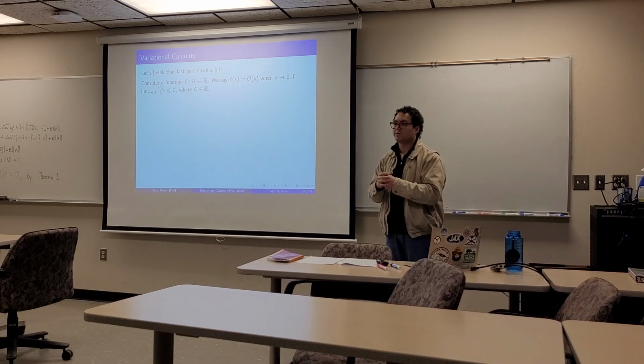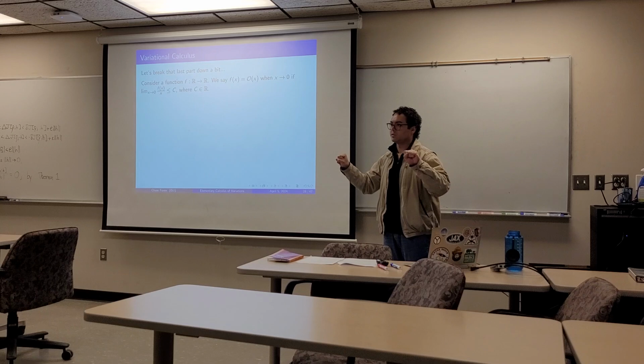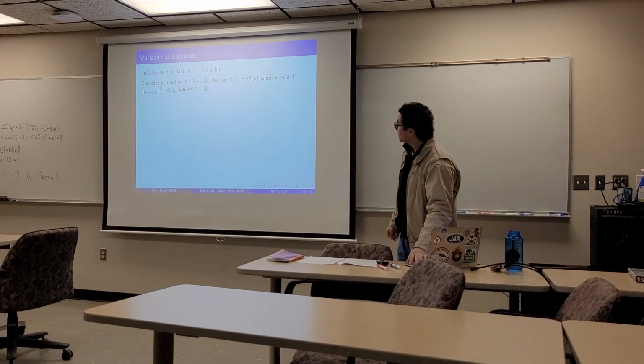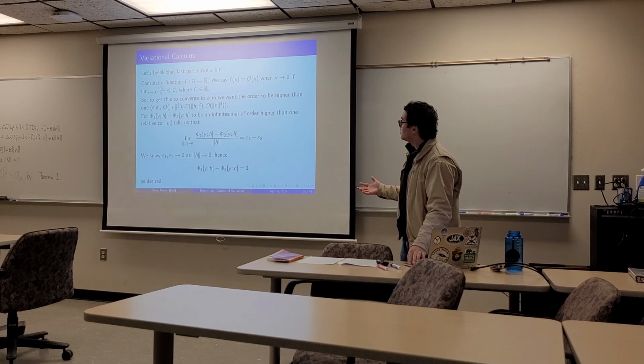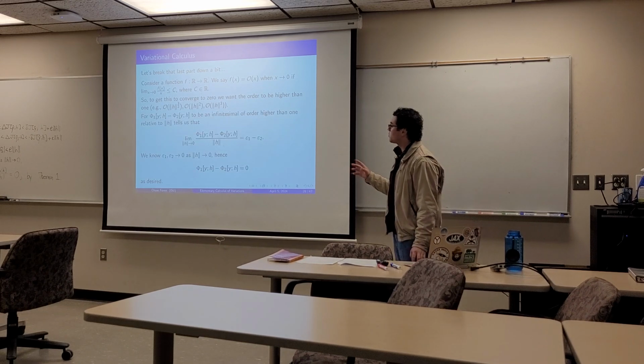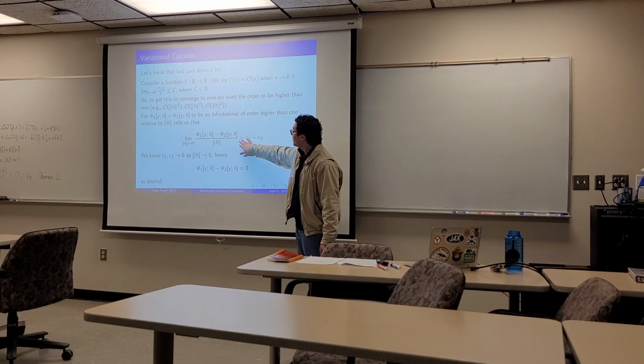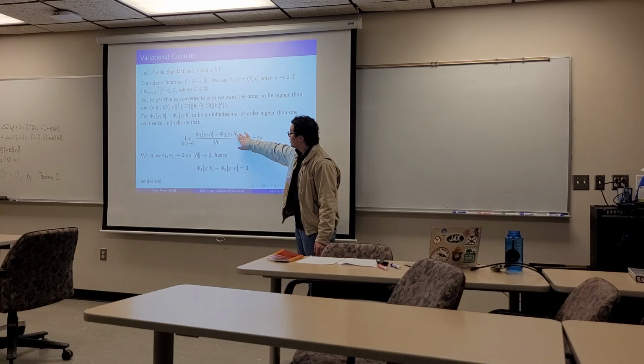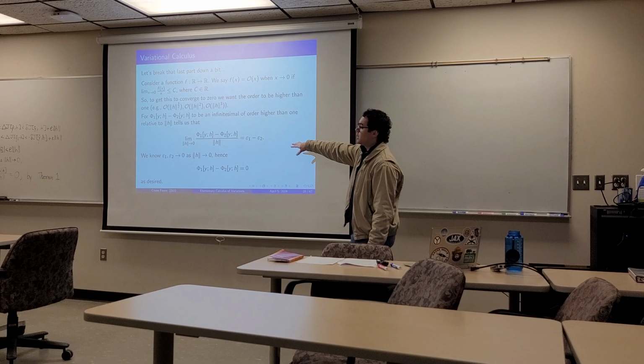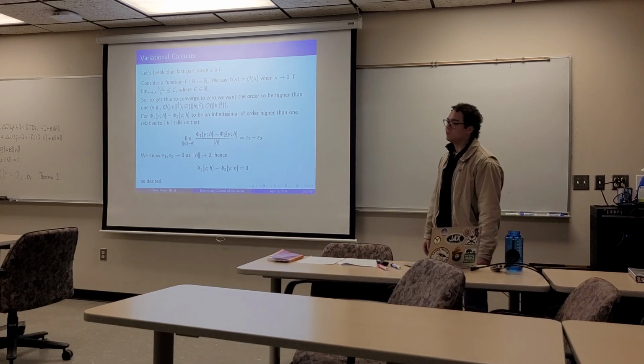We want it to go to 0 so that the increment and linear functional are equivalent. So to get this order to be higher than 1, what we need is an infinitesimal of order higher than 1. So as we take this limit, as we saw before, this left-hand side goes to 0, which means that if we have this fraction going to 0, the numerator has to be 0. And then we can move the terms over and set phi1 equal to phi2.